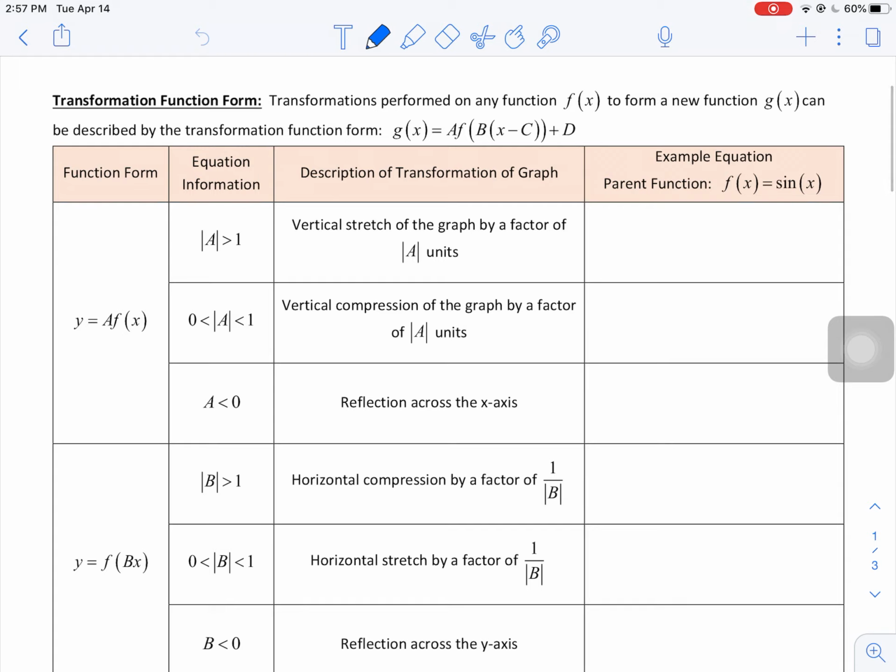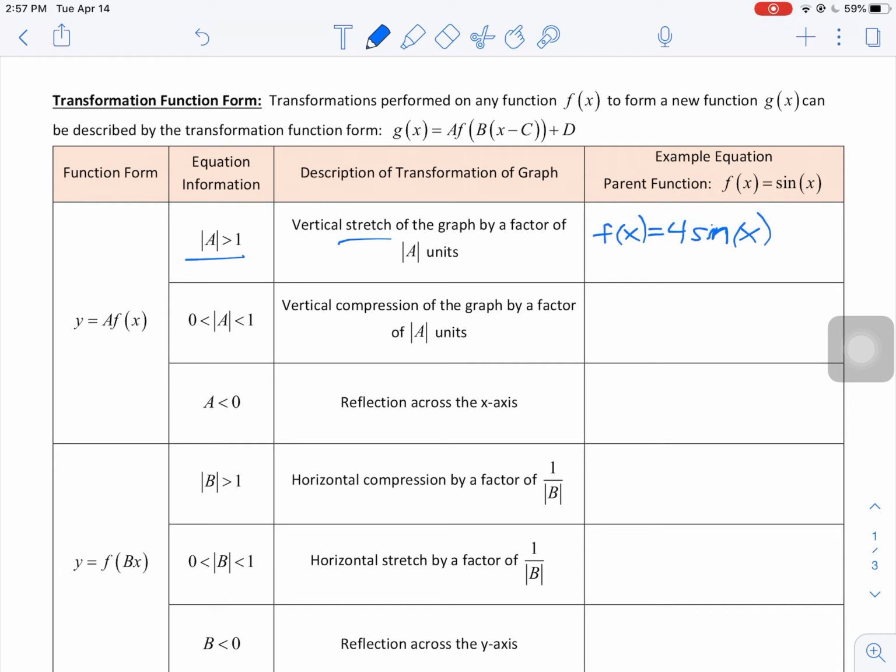The a value in front of the function is in charge of a vertical stretch, a vertical compression, or a reflection across the x-axis. So if a is greater than 1, you're going to have a vertical stretch. As an example in the far right, if you had something like f of x equals 4 sine x, since 4 is greater than 1, that would be a vertical stretch by a factor of 4.